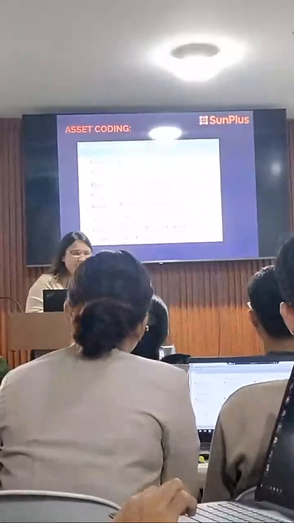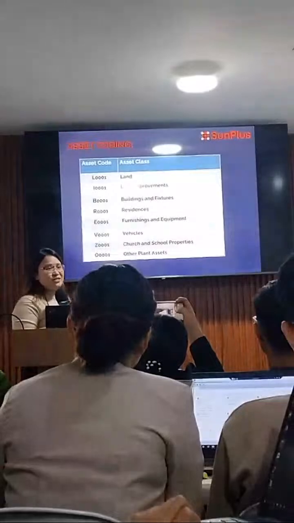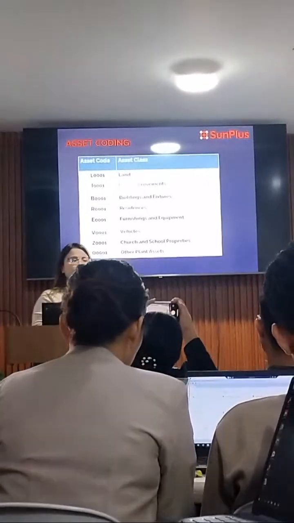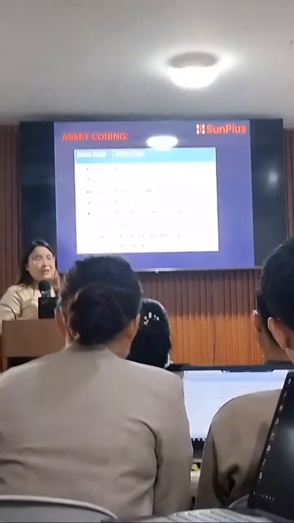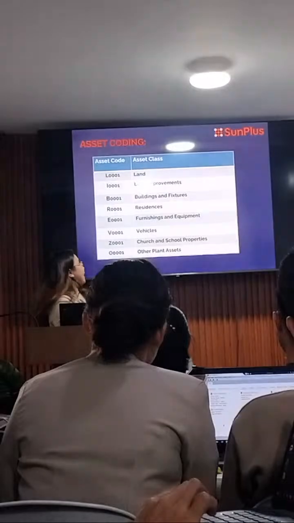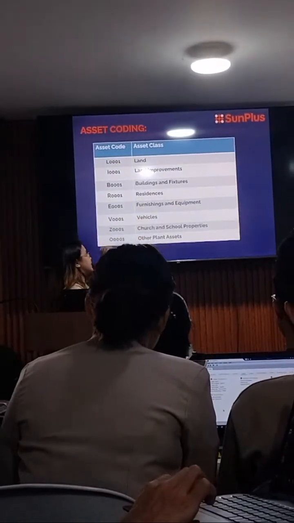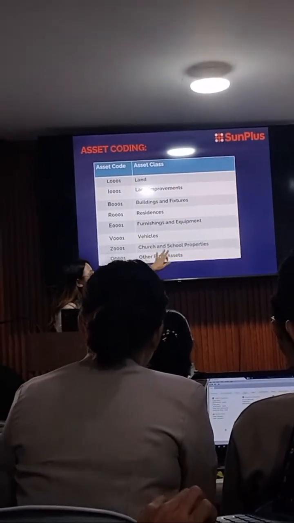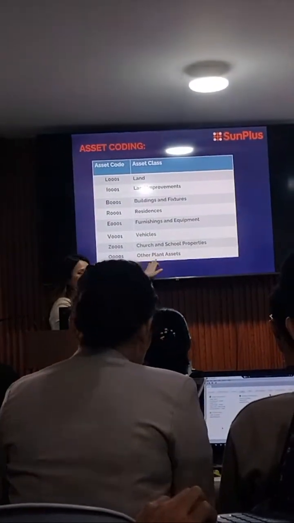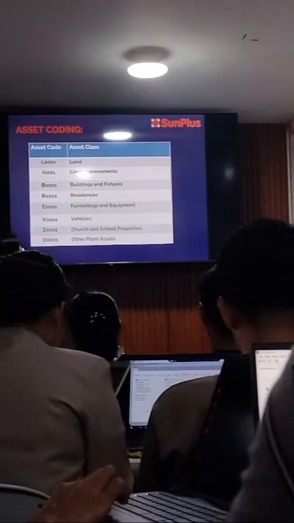Parehas lang yung buildings, but some organizations, they really want to categorize yung residences lang na hindi ginagamit for office operation. E for furnishings and equipment. V for vehicles. Z for church and school properties. O other non-assets.